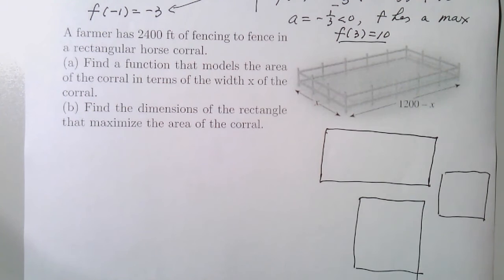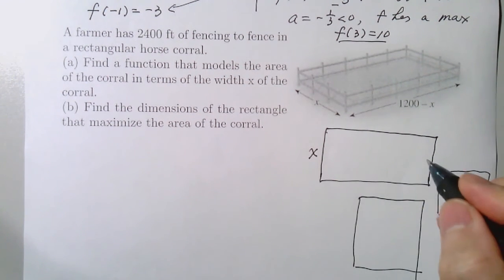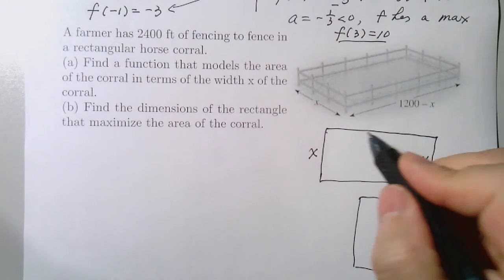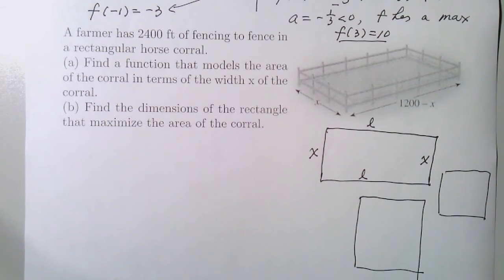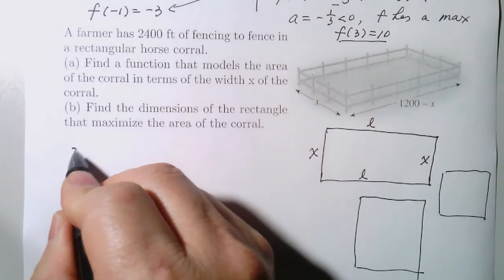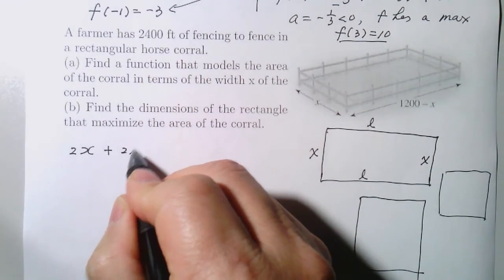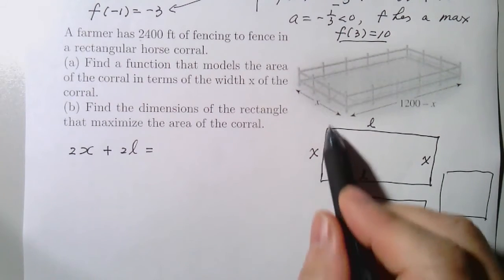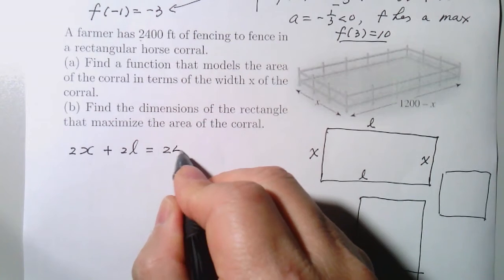So let's see here, because this is x, you have 2x because you have 2 widths. Now, what is the length? This is the length. So we have 2 widths plus 2 lengths. That gives you the total length of the fencing, which is 2,400.